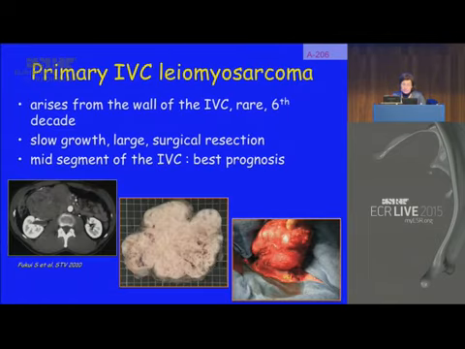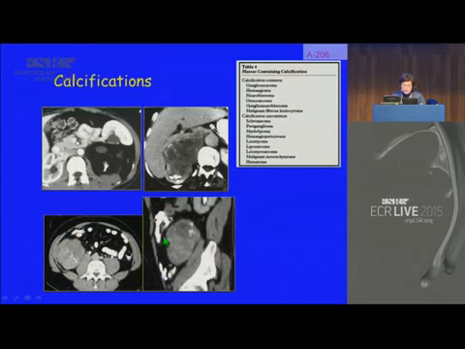Leiomyosarcomas may have a fibrous component, as in this example of primary IVC leiomyosarcomas with multiple areas of fibrous tissue.